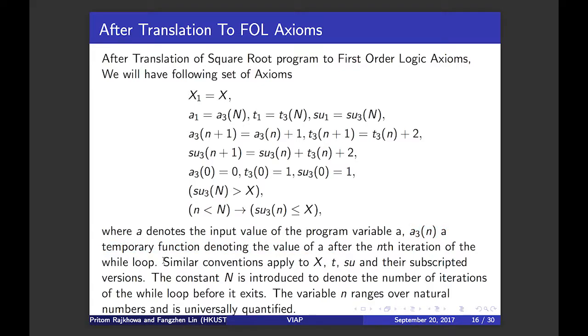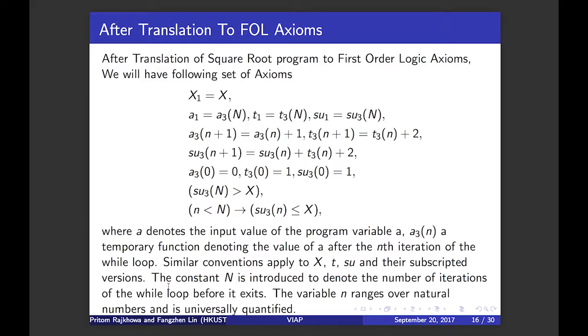A similar convention can be applied to X, T, S, U and their subscript versions. The constant n was introduced to denote the number of iterations of the while loop before it exits. The variable n ranges over the natural numbers and is universally quantified.